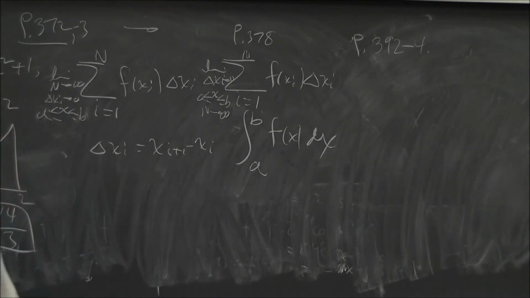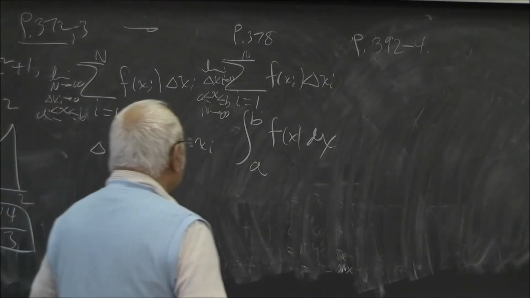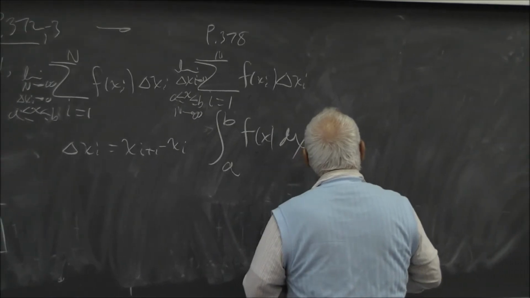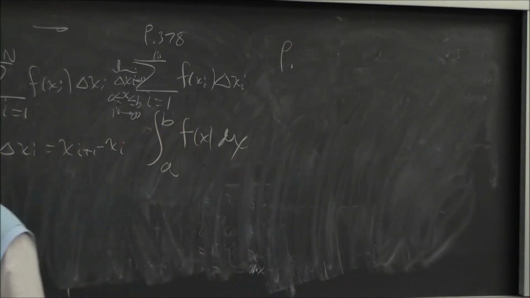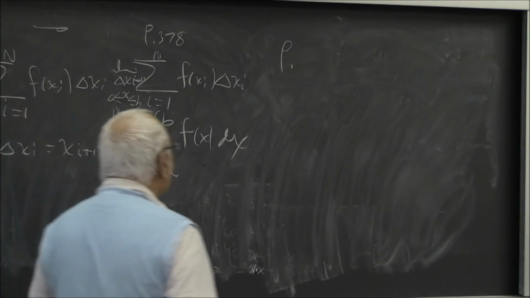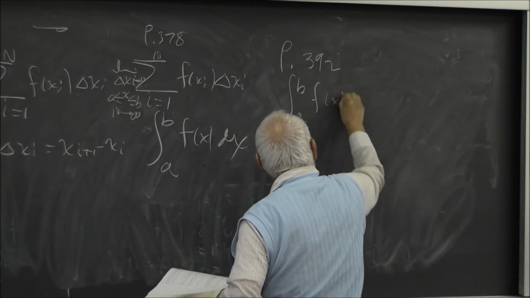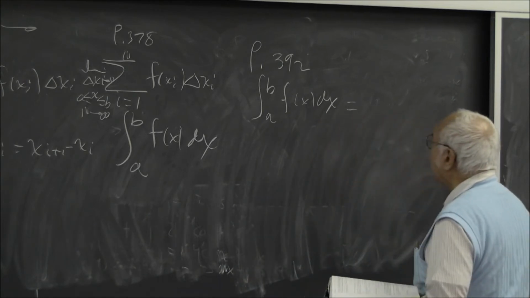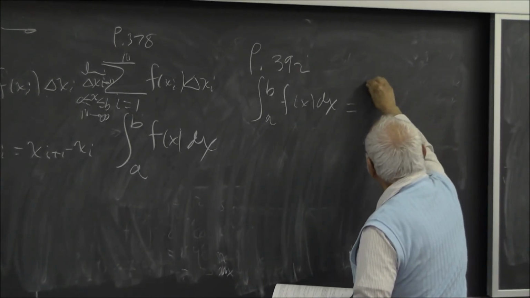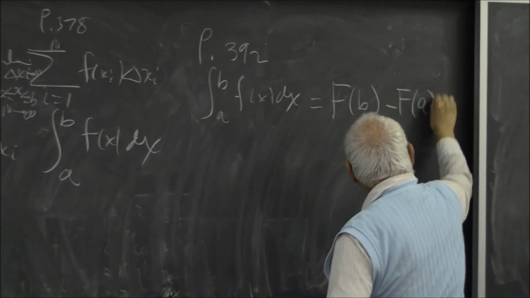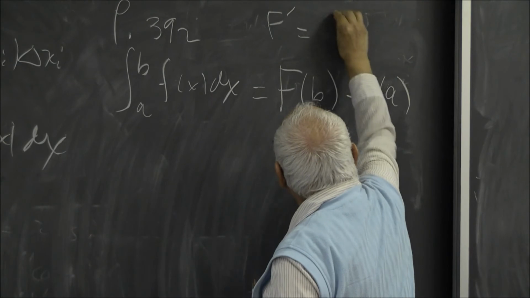And what he says is the definite integral from A to B of f of x dx, where f is some function, is going to be big F of B minus big F of A, where the derivative of big F is the original f of x.